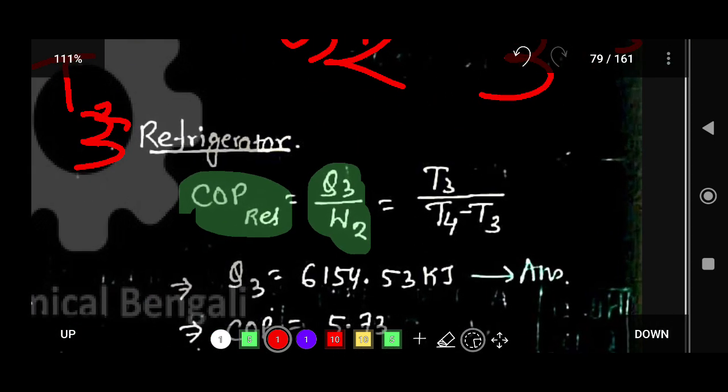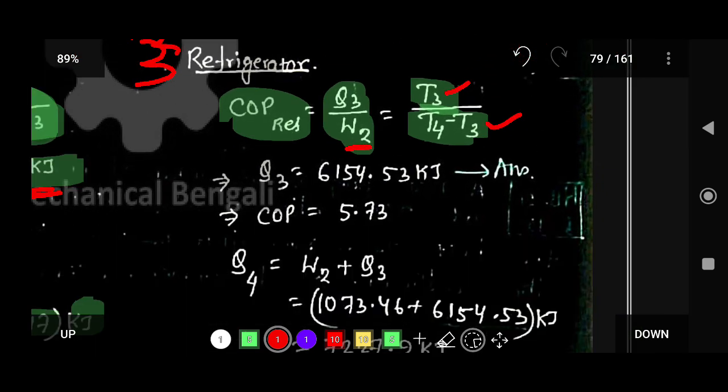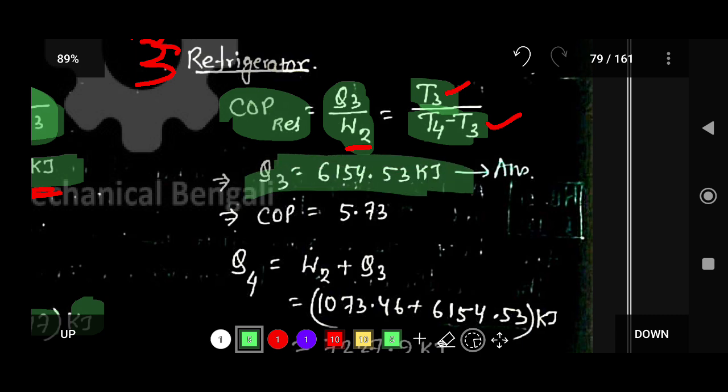So here T3 divided by T4 minus T3. We know this formula. Here W2 is given, T3 is also given, and T4 is also given. So from here you can get this Q3 value, that is equal to 6154.53 kilojoule. So this is our first answer.